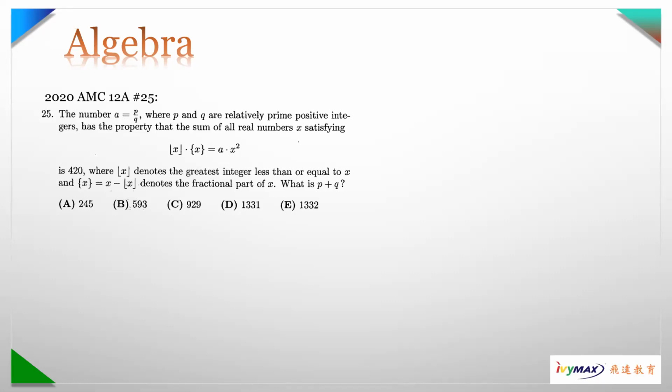All right. Let's analyze what kind of equation this is. On the right of this equation, A times X squared is basically just a parabola, right? So on the left, what is that?